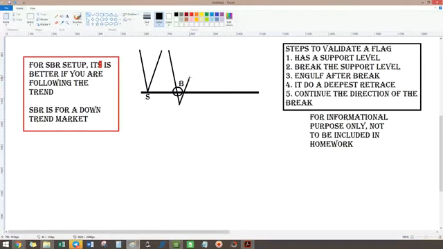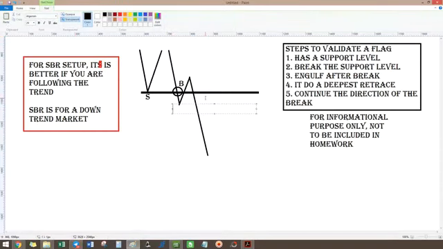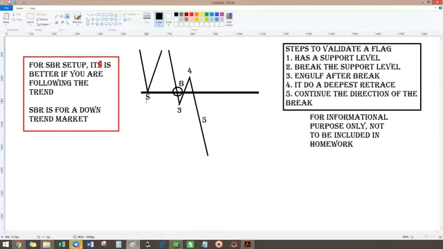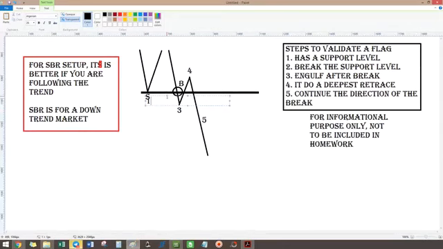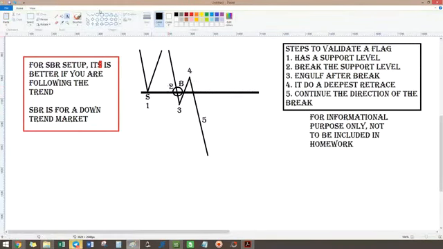For example, over here is the deepest retrace, and then it continues in the direction like this. So you will have this as your 3, 4, 5. This is 1, this is 2. So here is your flag.